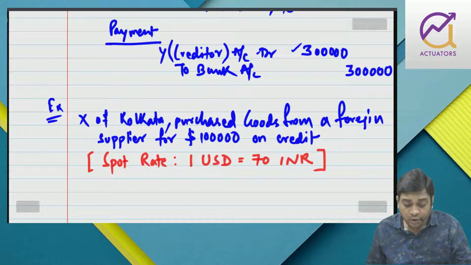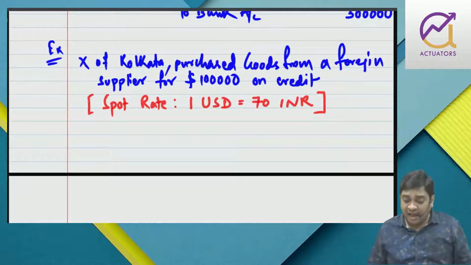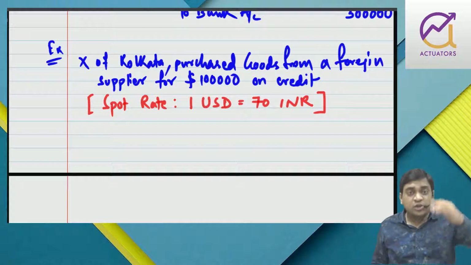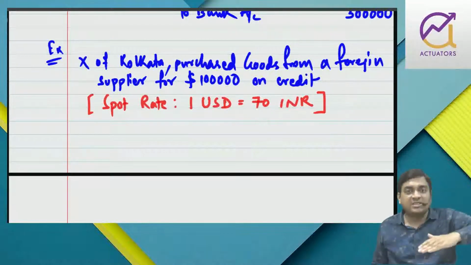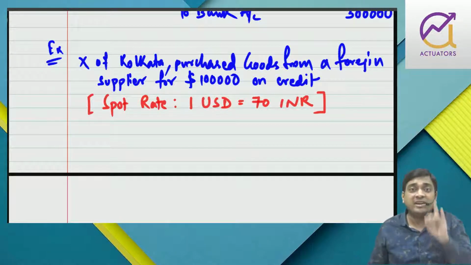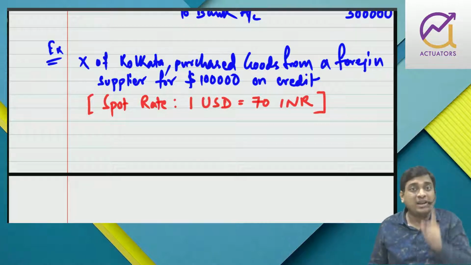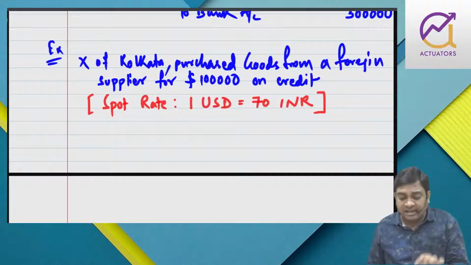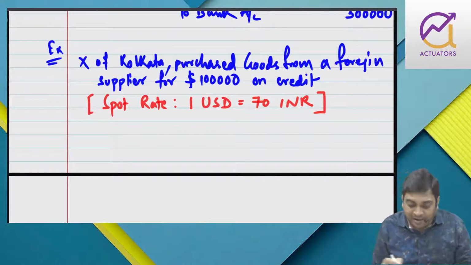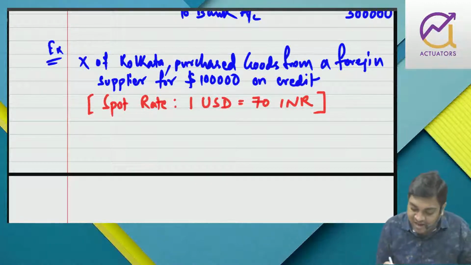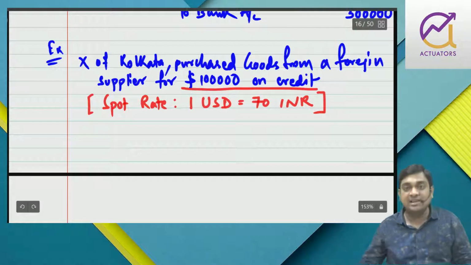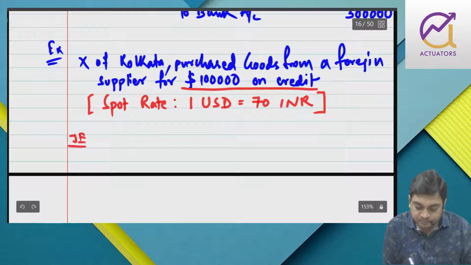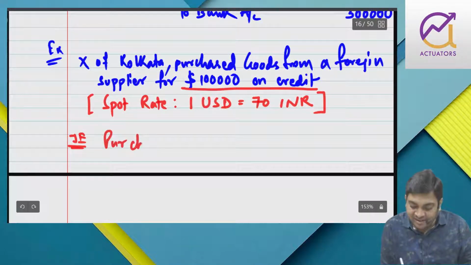Now, your reporting currency is Indian rupee and you have entered a transaction with a foreign supplier. So all the transactions will be reported in which currency? Your reporting currency is Indian rupee. So you have to report this particular transaction also in Indian rupee, but you have executed this transaction in foreign currency. So what should you do? The journal entry will remain the same.